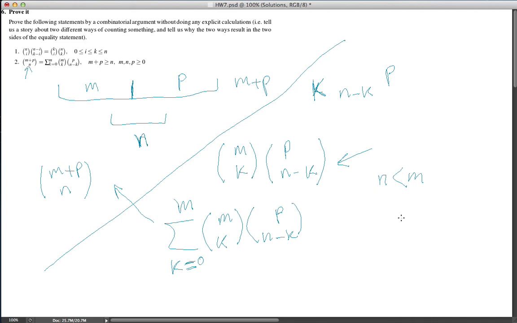But if n is less than m, and if we pick k to be bigger than n, then n minus k is going to be negative. And by convention, when you pick a negative number out of anything, the number of ways to choose that is defined to be 0.